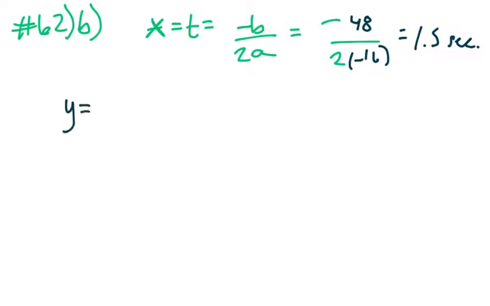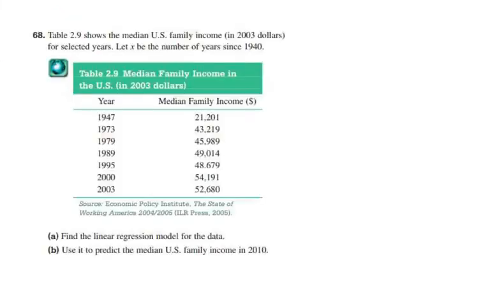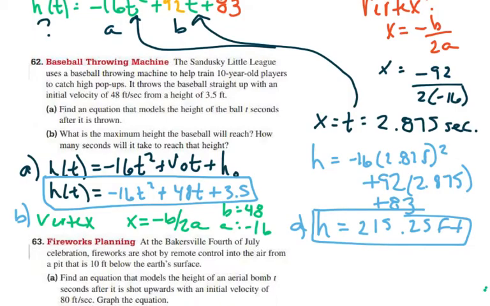The other part asks you how tall it is. So if our height, or our y value, is taking that equation and plugging in the seconds, the initial height was 3.5.